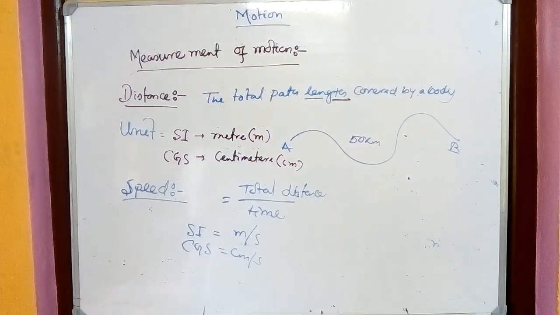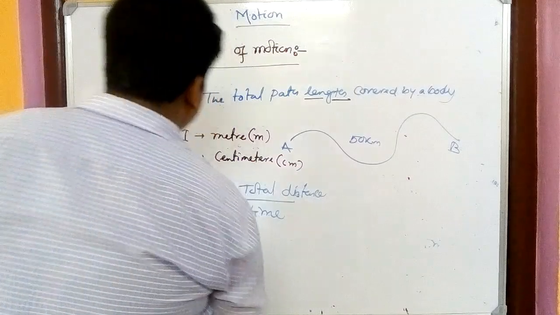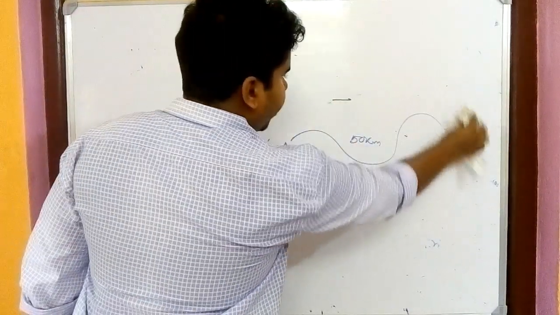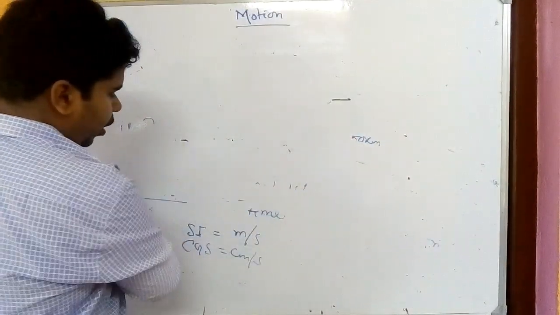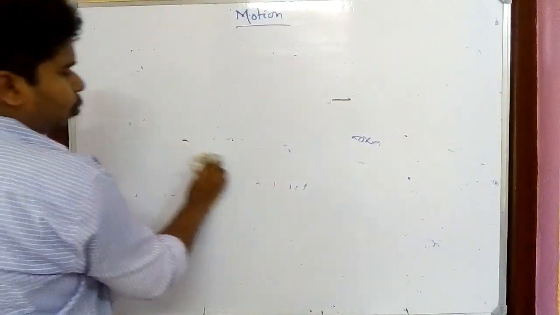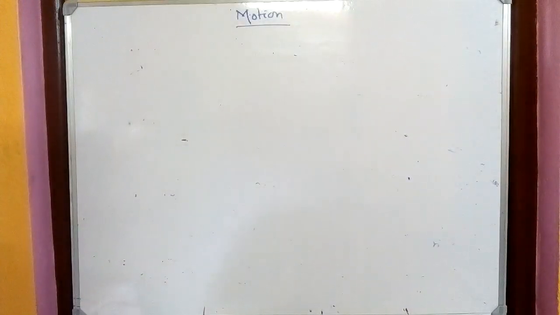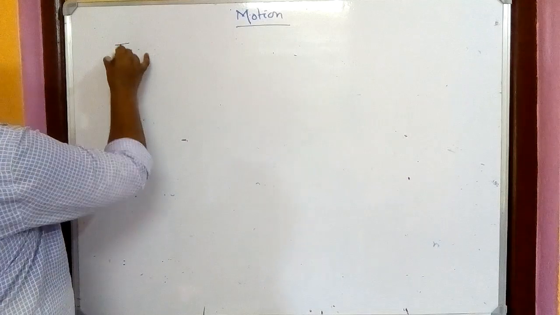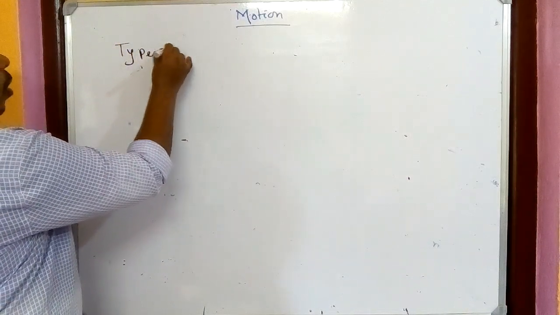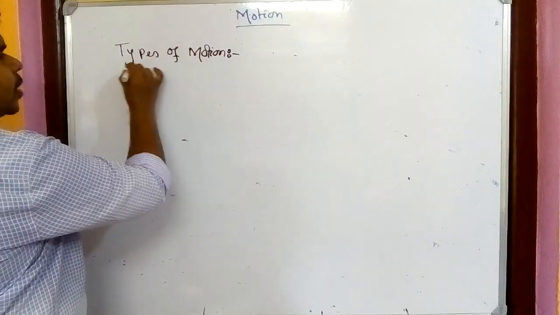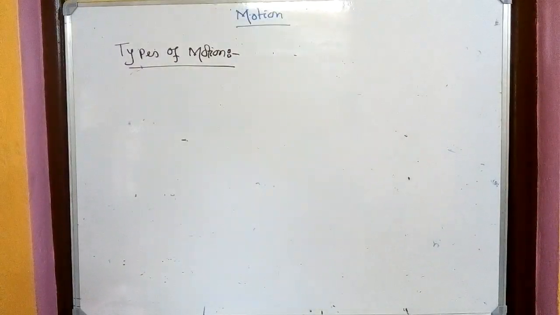Now I am going to another interesting part of this chapter, that is types of motion. If you have not written this one, just pause the video, write it down and then come to the next. As we are discussing motion, we have defined it, we have learned to represent a motion, we need some frame of reference.